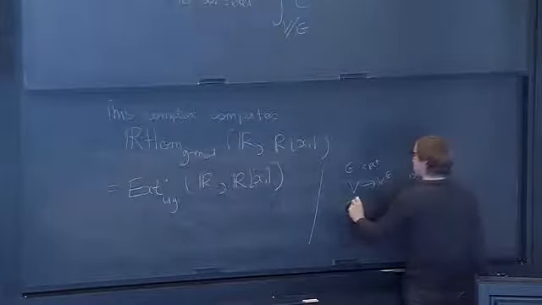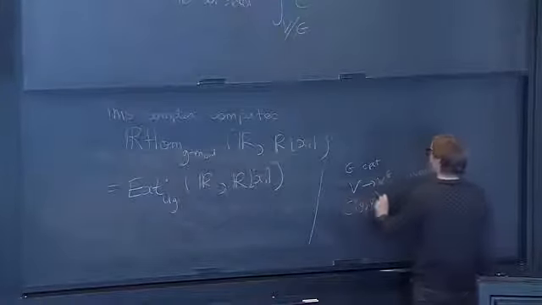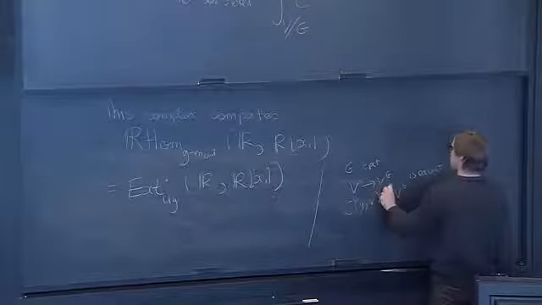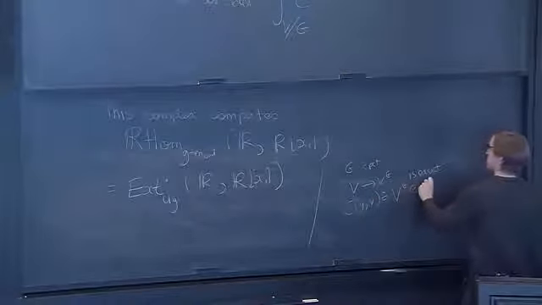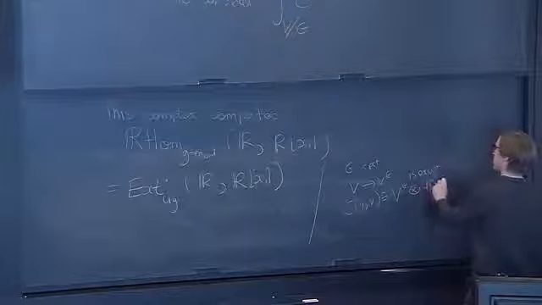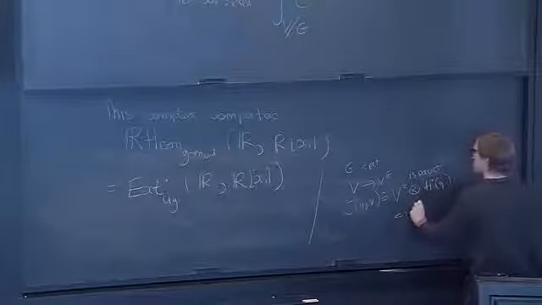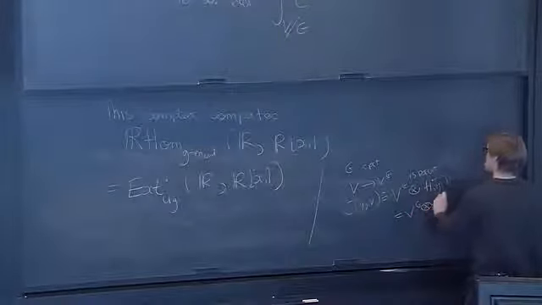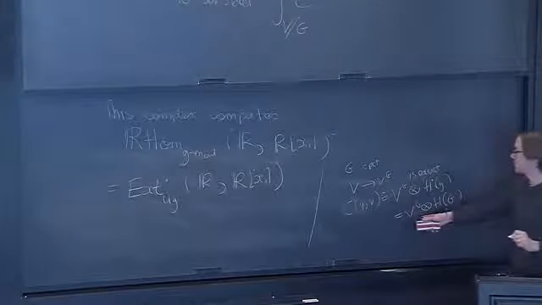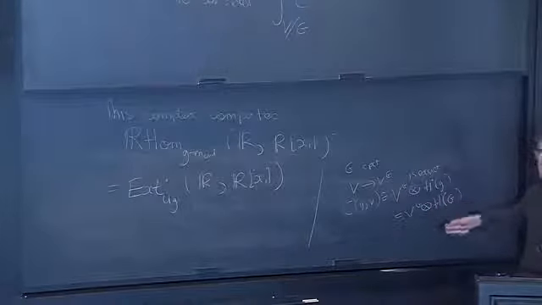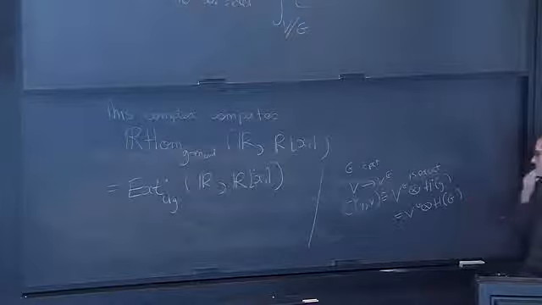However, the Lie algebra cohomology of G with coefficients in B is equivalent to the invariants tensor the cohomology of G. So in this case, they're really different.